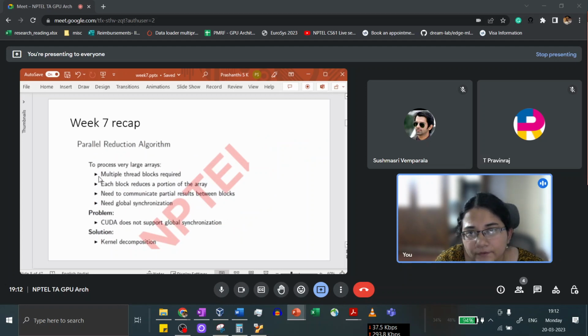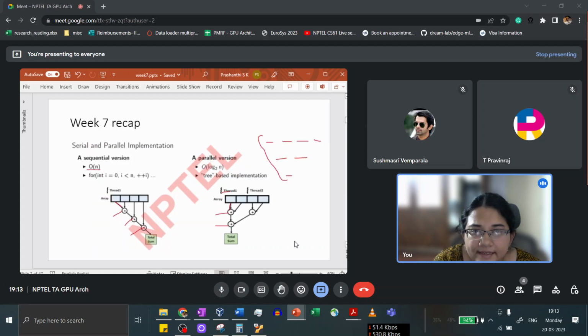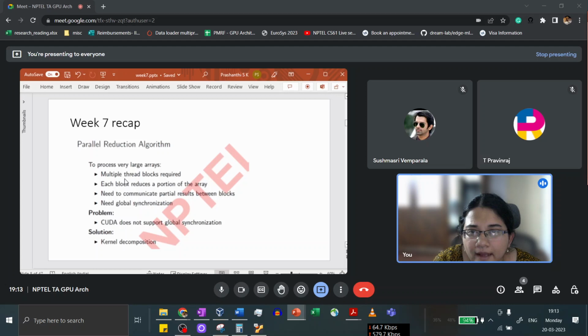Moving on, now we've seen why we need to parallelize. Coming to the GPU programming side of things, how would you do this? If you have a very large array, then you can't have this many threads dealing with things. So you will need multiple blocks, and every block will reduce a portion of the array.